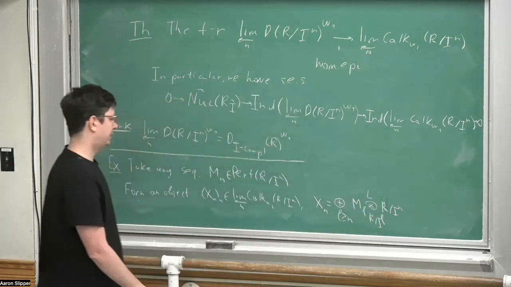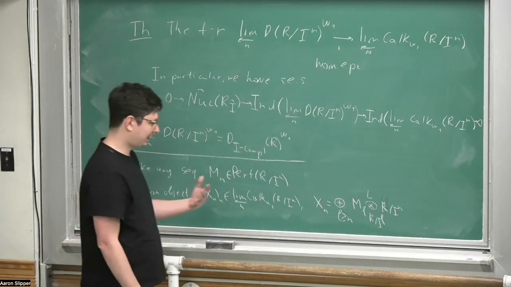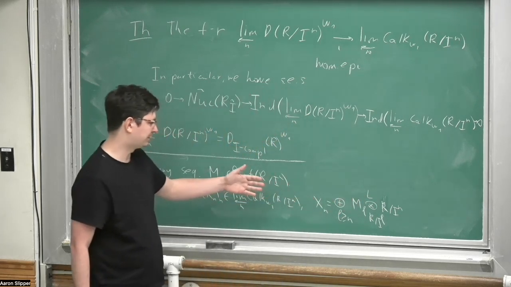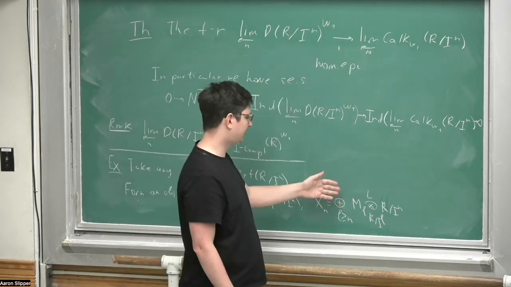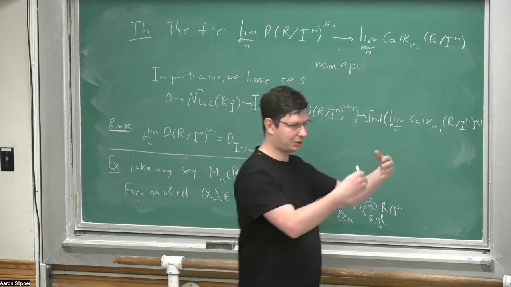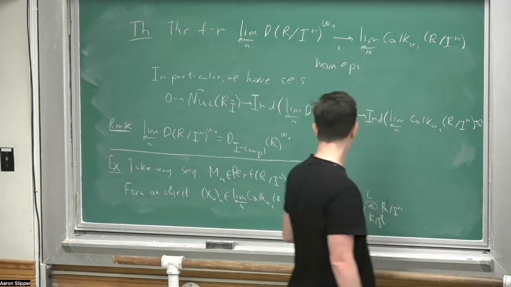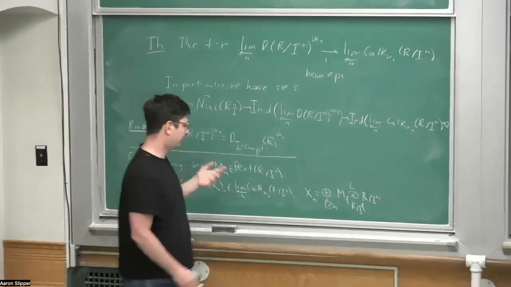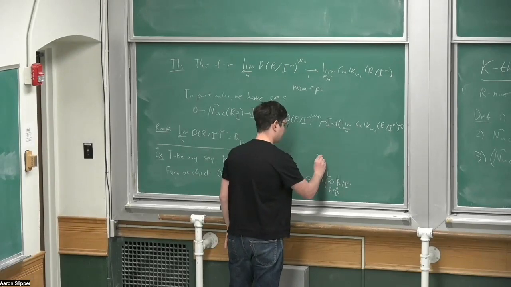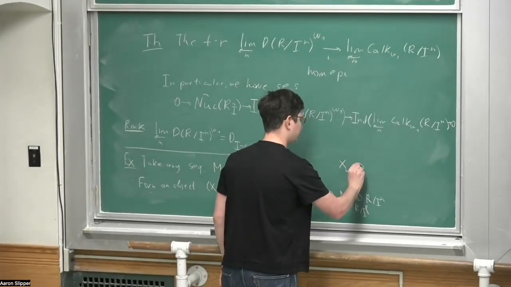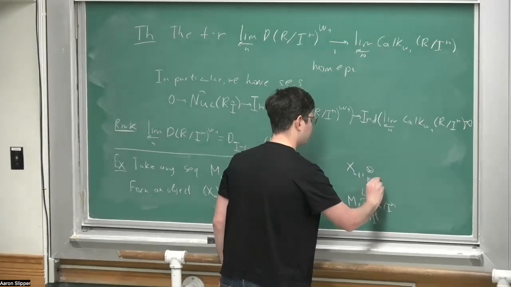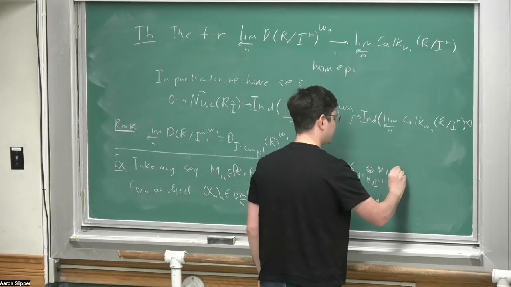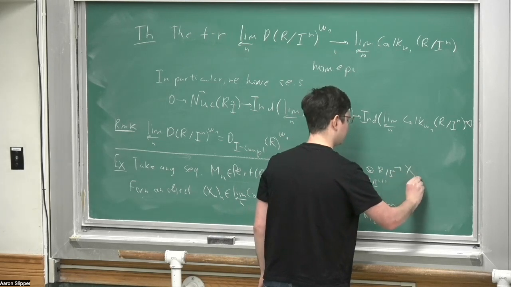Derived. And so these guys, you don't get an object of the inverse limit of derived categories, but they're compatible with each other up to finite rank, so up to a perfect object. So in particular, Xn+1 base changed to R mod I to the n projects onto Xn.